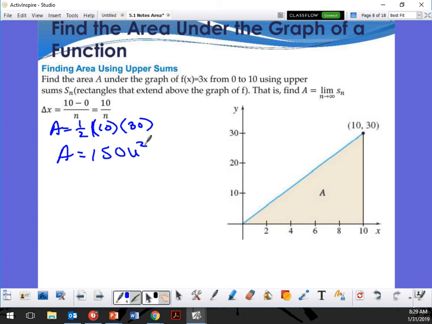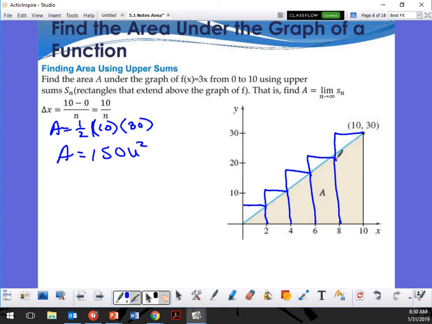Okay, so if I were to do this, let's say for instance, I'm going to block this off. So this is going to be under a graph with upper sums. The upper sums right here would be an overestimation. Like that.